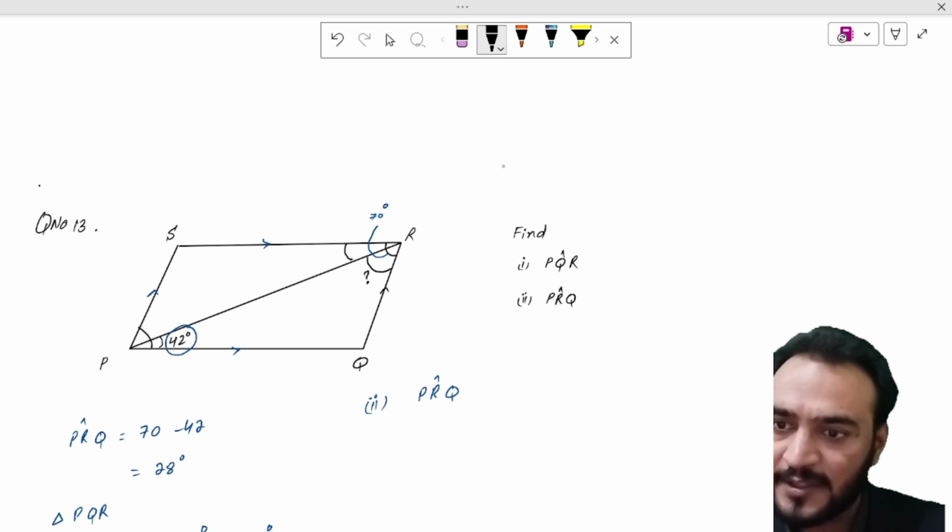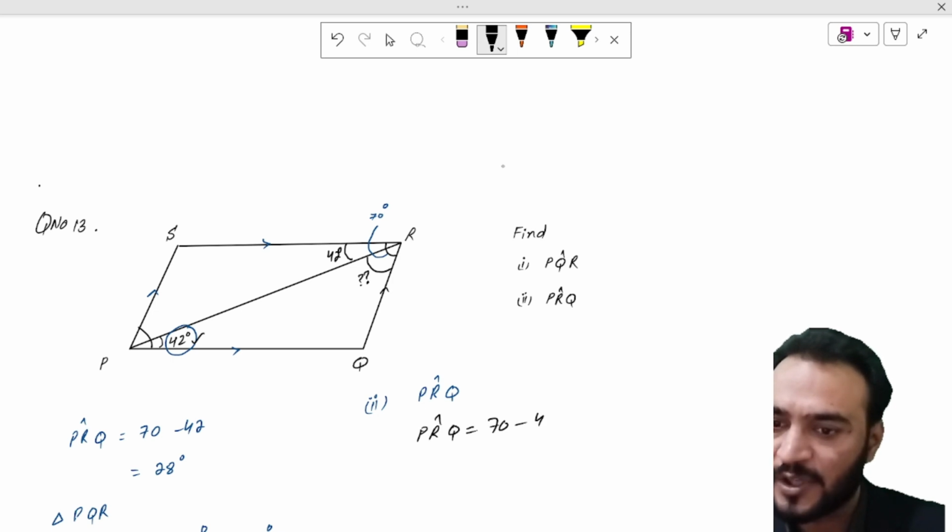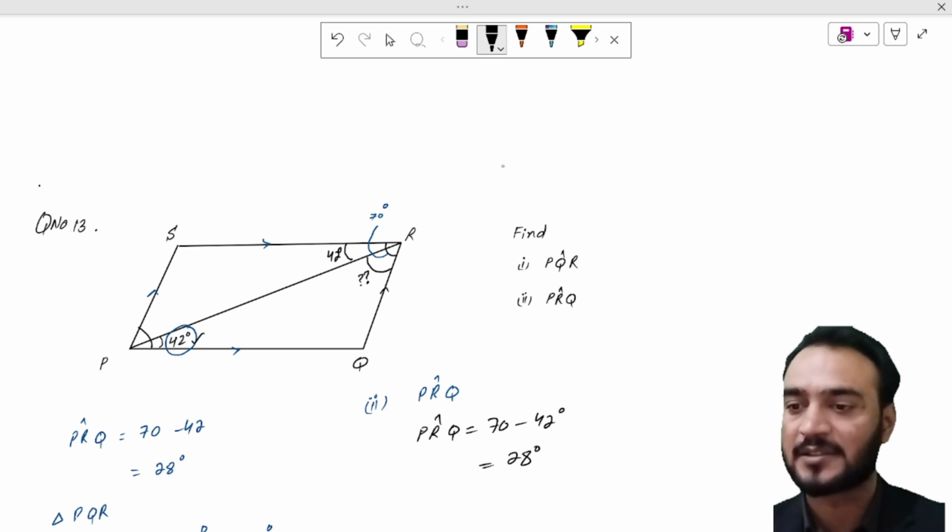Between two parallel lines, this angle is equal to 42 degrees because these are alternate angles, and the complete angle is 70 degrees. If we subtract 42 degrees from 70, we get this angle, which is the question-marked angle PRQ. So angle PRQ is equal to 70 minus 42 degrees, which is equal to 28 degrees. Hence the answer of the question.